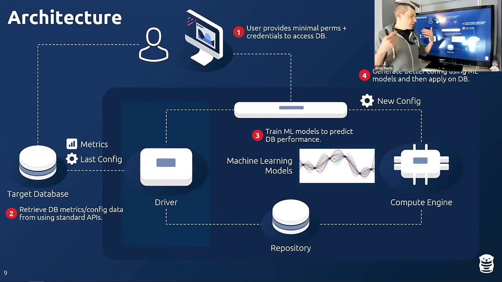At some point, the compute engine recognizes that the models have converged for your current workload situation, that we think we have the best configuration for your database right now, and then it'll turn off tuning and switch to a monitoring mode, and use that to observe whether the workload has changed since we last did tuning, and if so, then it can re-enable tuning to make changes based on how the workload has shifted. So like if you put out a new release of your application, you have a bunch of queries you've never seen before that changes the workload pattern, OtterTune can recognize that and kick off the tuning process again.